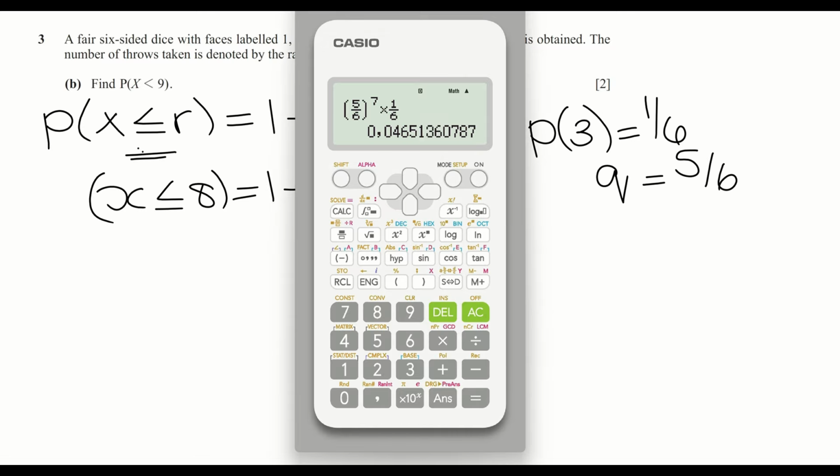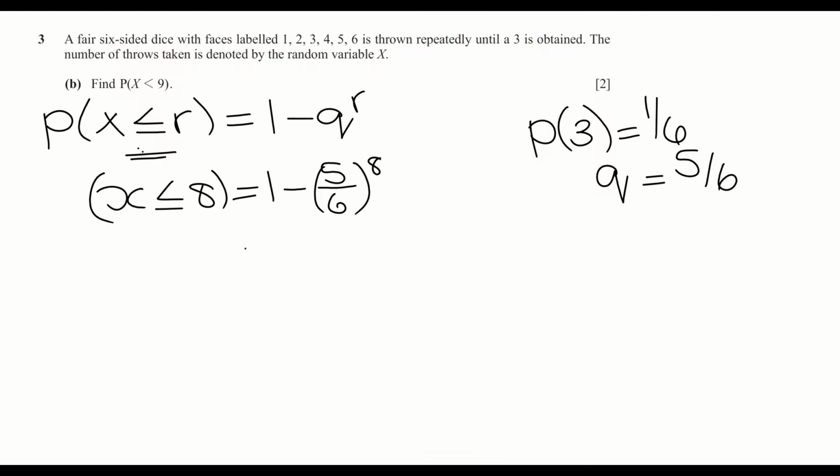Take my calculator. 1 minus the bracket of 5 over 6, an exponent of 8 is equal to 0,76743 and so on. Round off to 3 significant figures and I get an answer of 0,767.